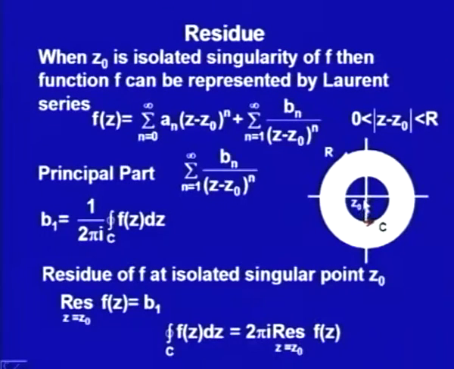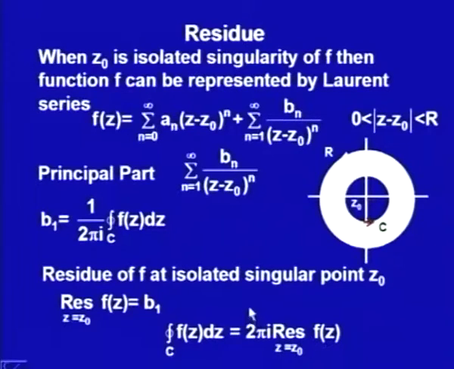If it is a singular point, we know we could write it as a Laurent series and find its residue, that is, in the principal part the coefficient of 1 upon z minus z naught, which we have called the residue, and that we are getting from here.